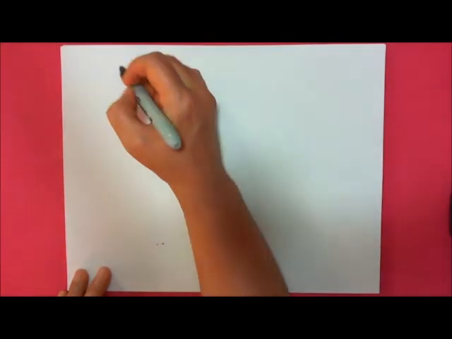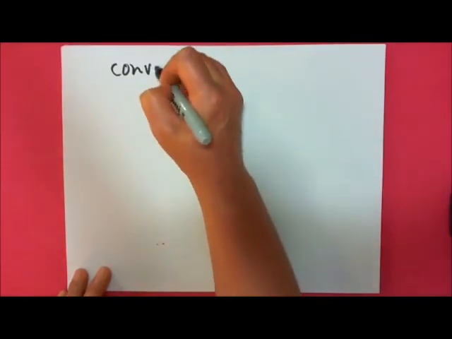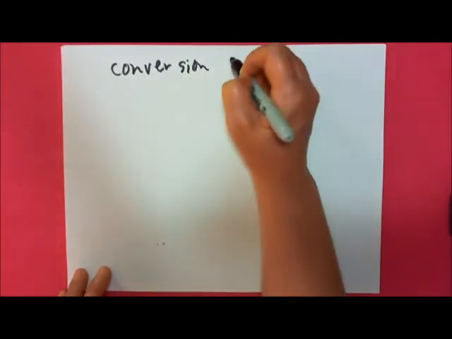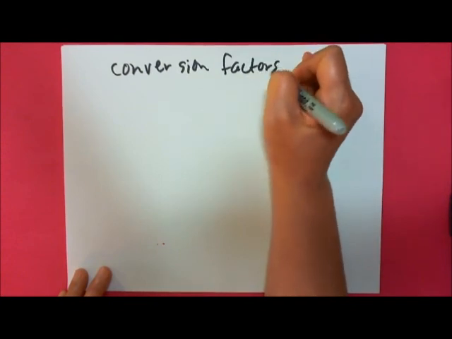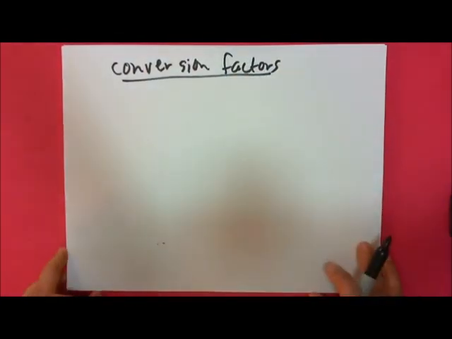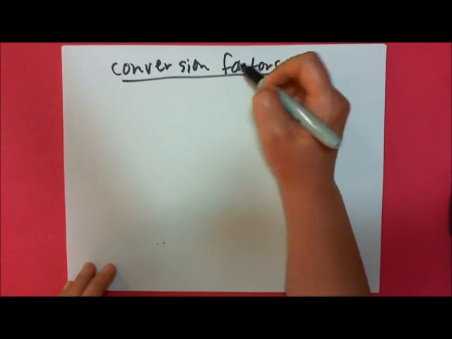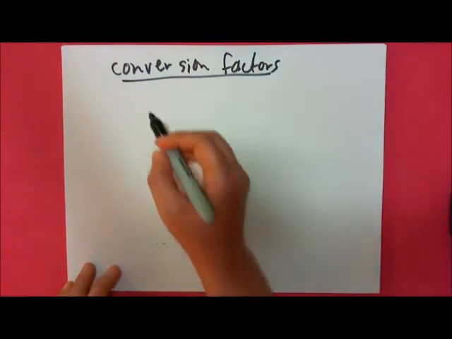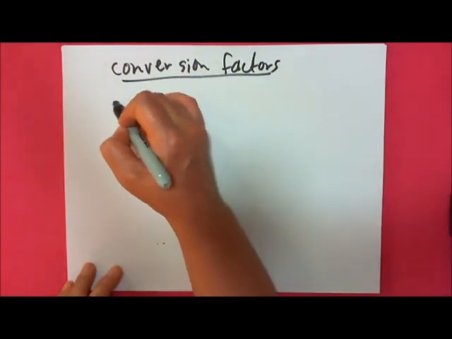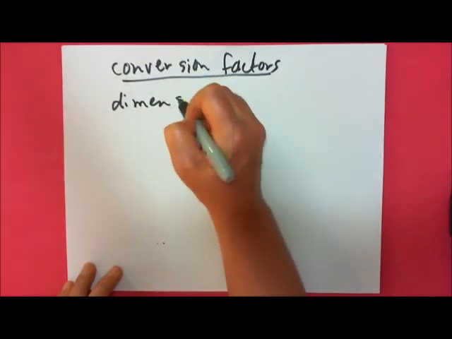Okay, so my definition of the mole now gives us a bunch of new conversion factors. Now, if you remember, we were doing conversion factors in Chapter 1, and we were using conversion factors for dimensional analysis.